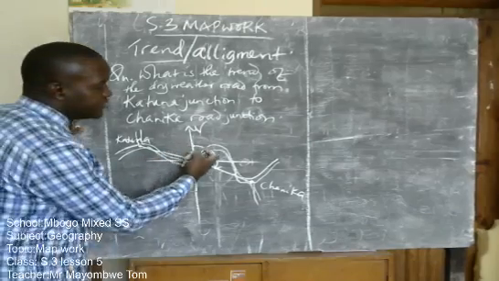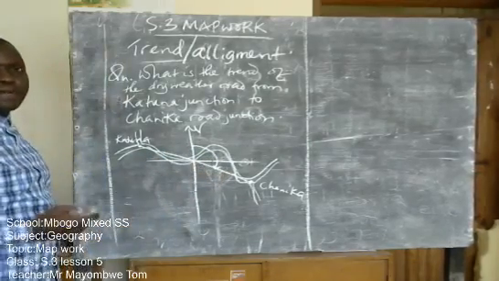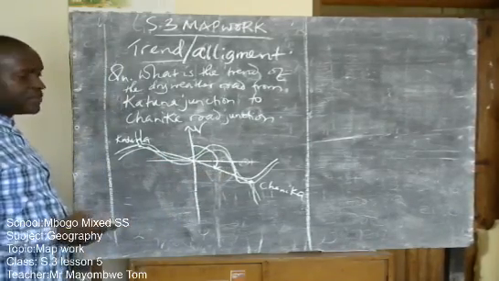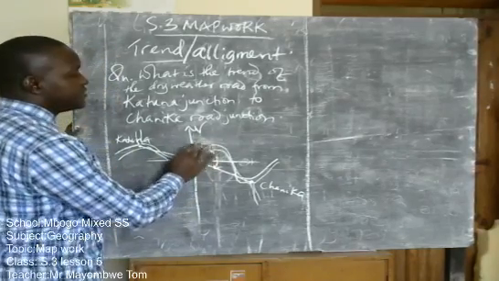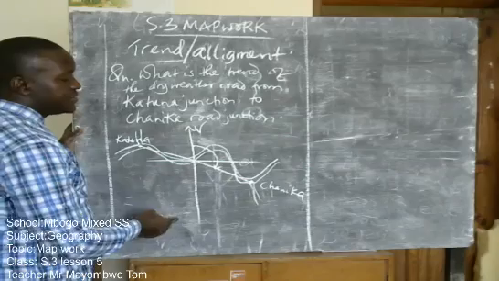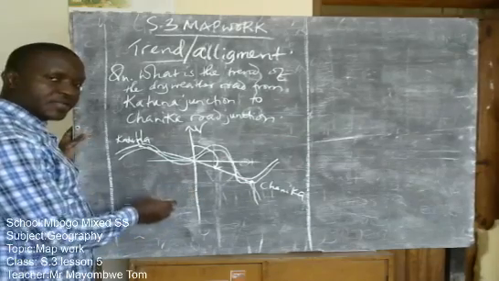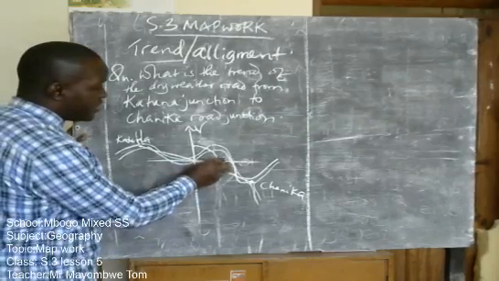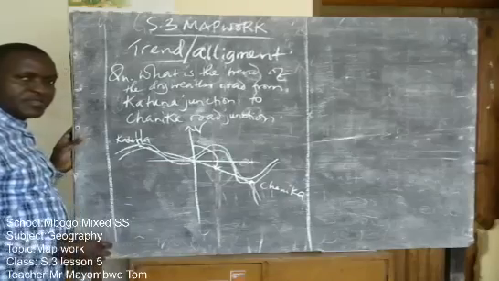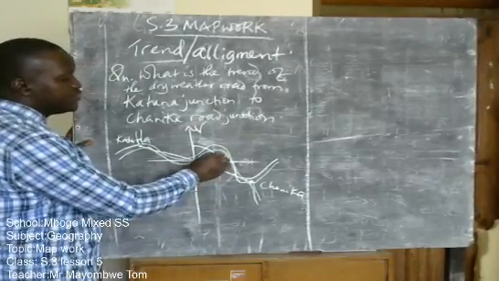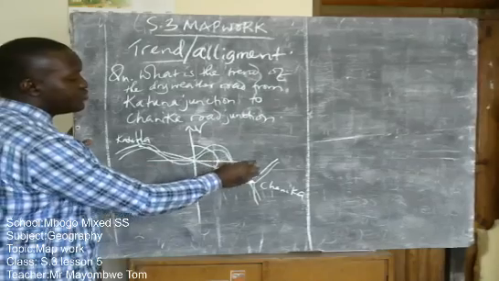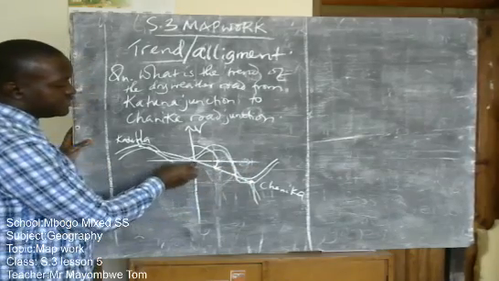Get the size of this angle. Of course, this is a right angle, 90 degrees. Here you're not going to measure 90 degrees. Get a protractor and measure the angle from here up to here. Because you are measuring this angle from this line, your protractor has to sit on this line. You bring your protractor, you put it here like this.